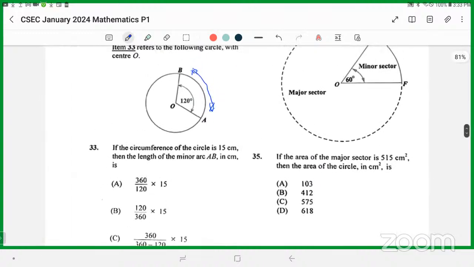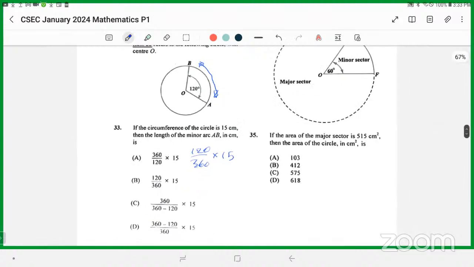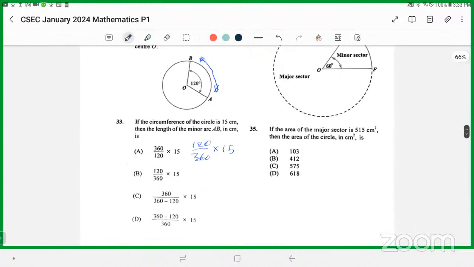And what fraction is it? It is the angle out of 360. 120 over 360 times the full circumference, which is 15. And they have it here. I didn't want it worked out, just set up.